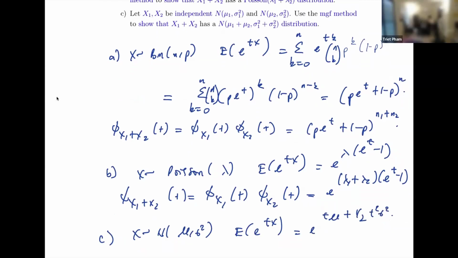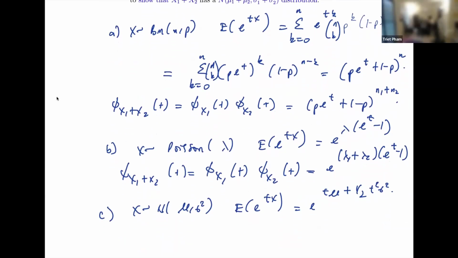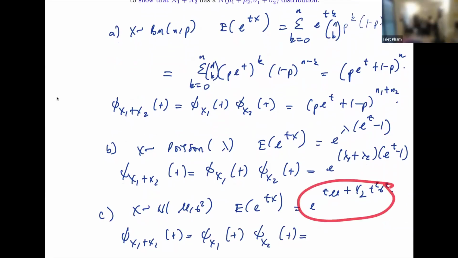So for the product of these two, with mu1, sigma1 and mu2, sigma2, we just sum up the exponents, giving us e to the t times mu1 plus mu2, and then 1/2 t squared times sigma1 squared plus sigma2 squared.